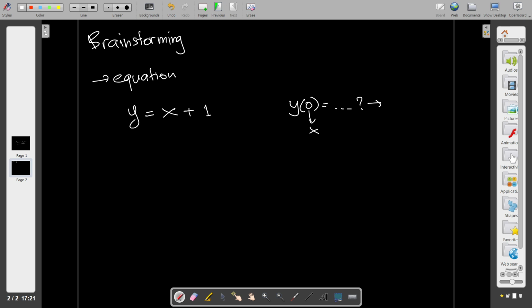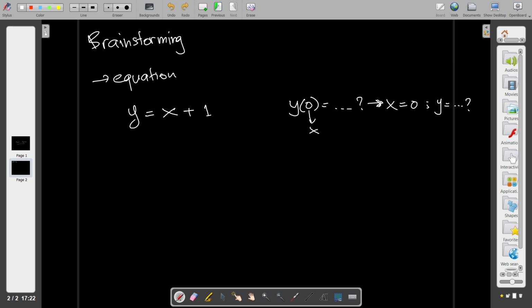Whenever the value of x equals 0, then the value of y is, we don't know, because we don't have the solution of this expression.